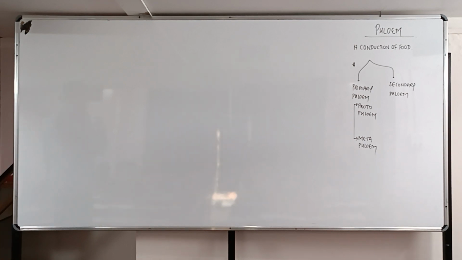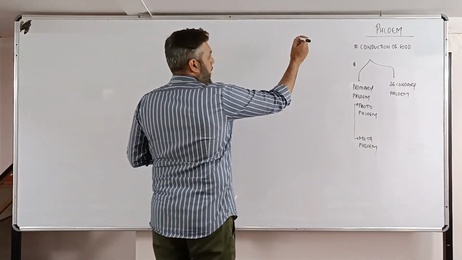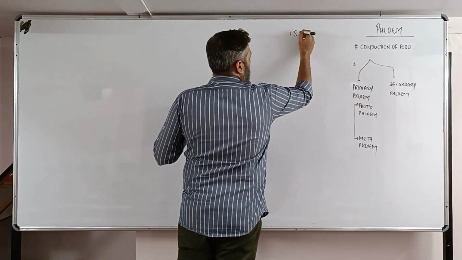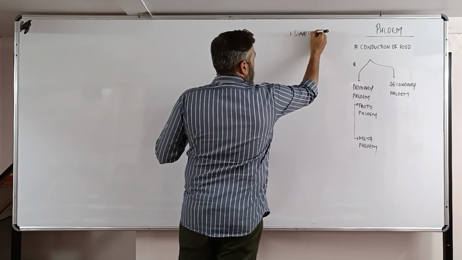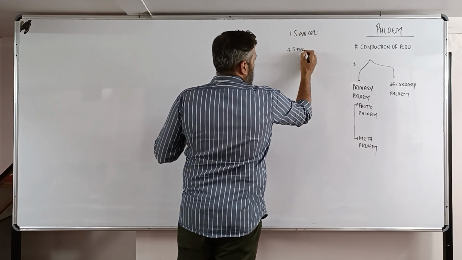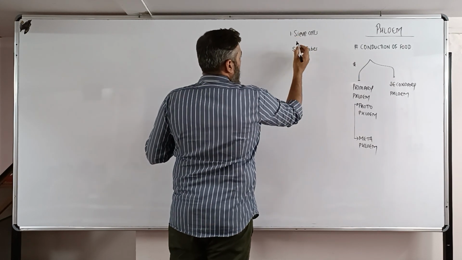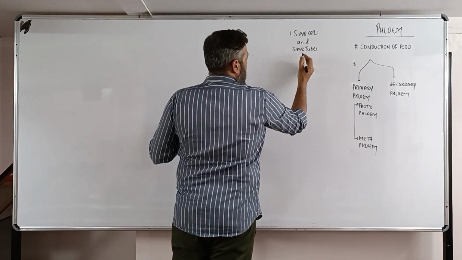Shall we continue? Now, the phloem is made up of the following types of cells: the sieve cells, the sieve tubes. Let us consider them together: sieve cells and sieve tubes.